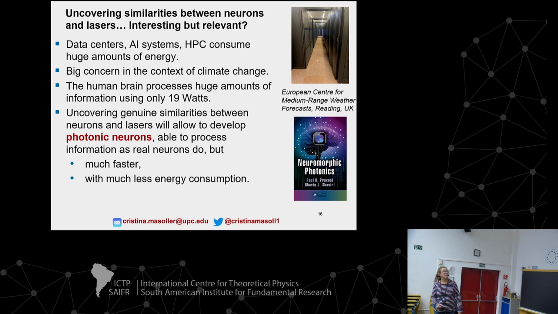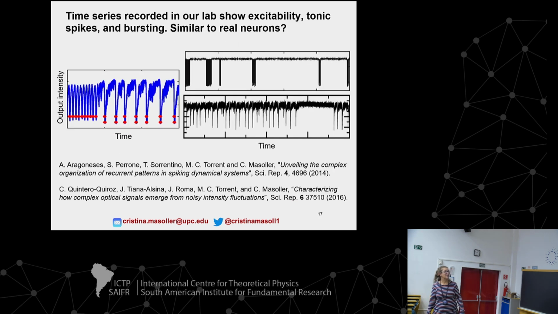So there is a field that is called neuromorphic photonics that I think maybe you talk about this too, okay? So there's lots of work going on trying to develop artificial neurons that can be faster, but more importantly, consume less energy. And basically, the point is that when you go to use lasers with low power, what you need is a code to encode information that is noise robust.